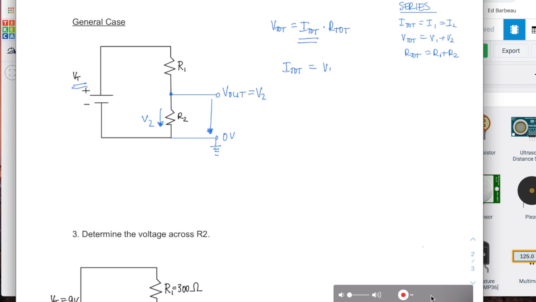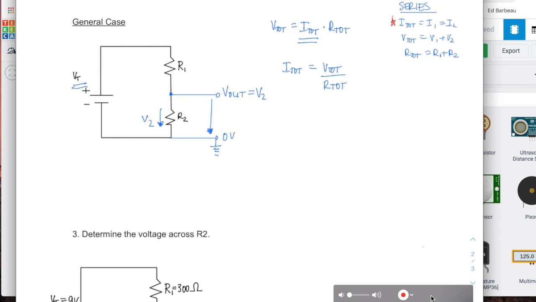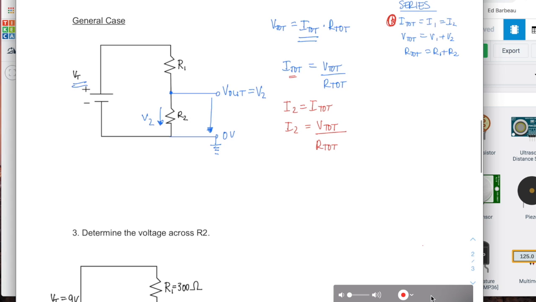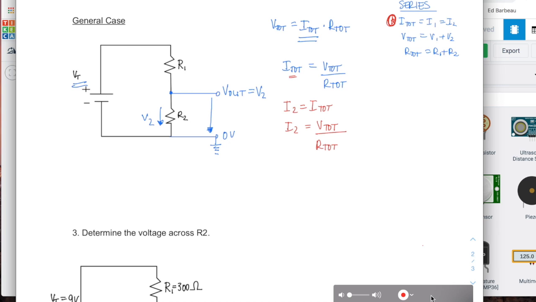And we also know, based on this, that I2 equals I total. So instead of writing I total here, we can write I2. And now, let's use another color, I can recognize that I have an expression for our total.